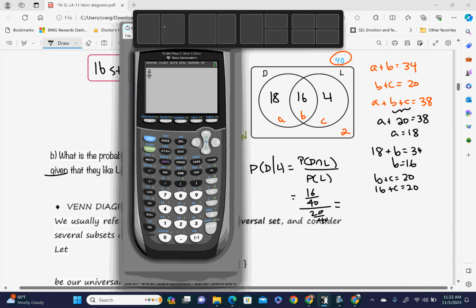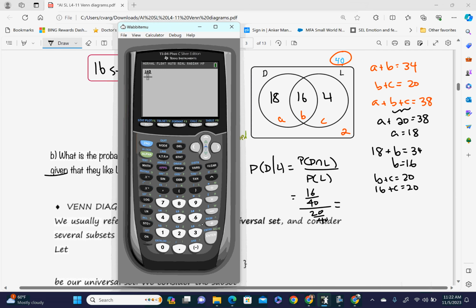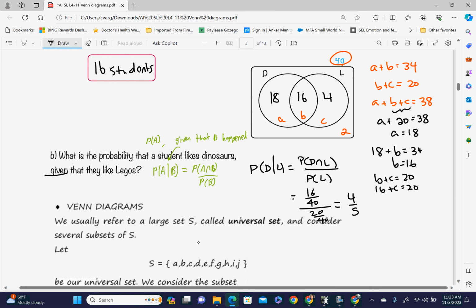I put 16 over 40, then go to the bottom and put 20 over 40. Then I hit enter, and it gives me 4/5. So 4/5 is my answer.